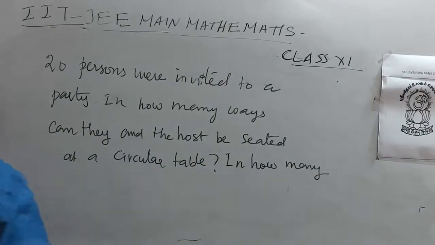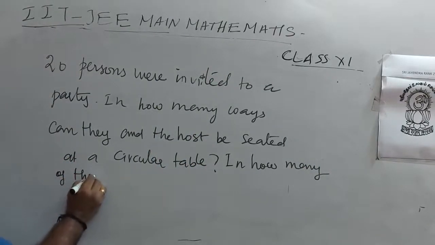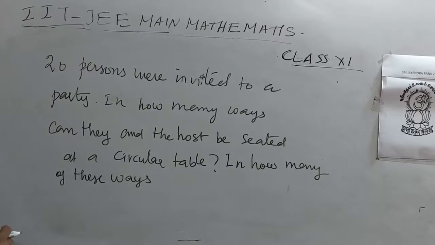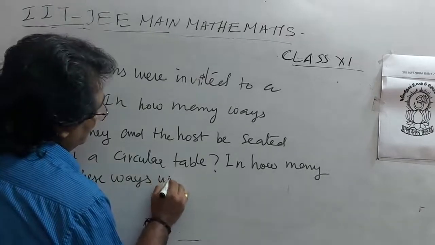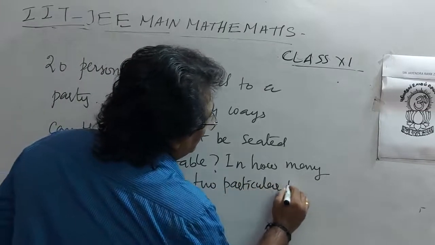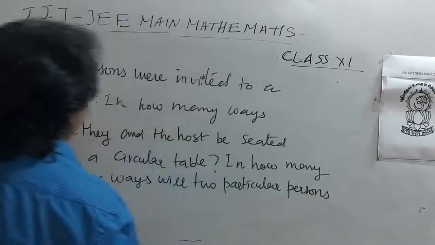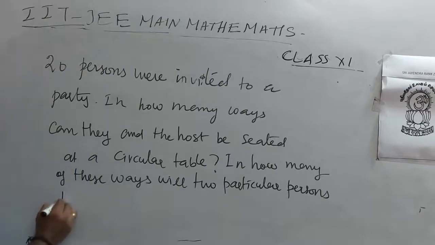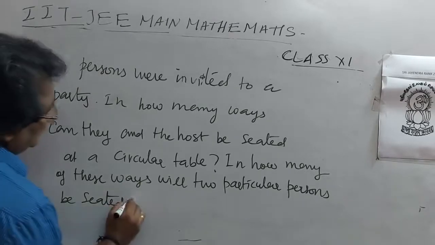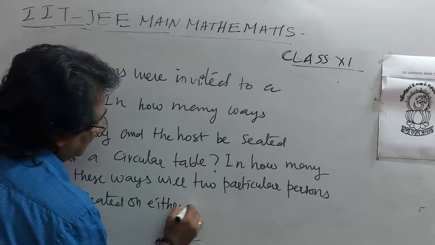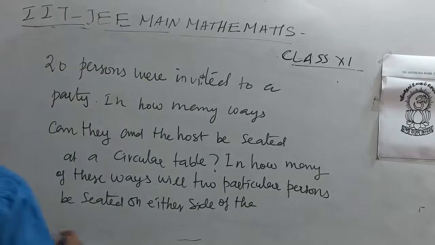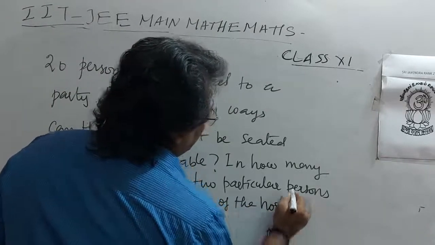In how many of these ways can two particular persons be seated on either side of the host?